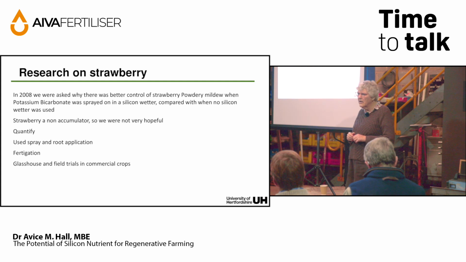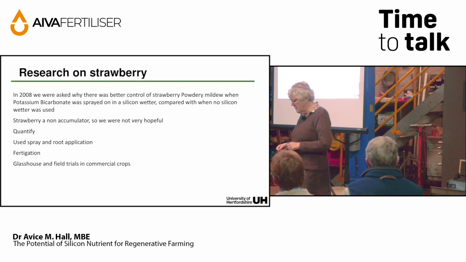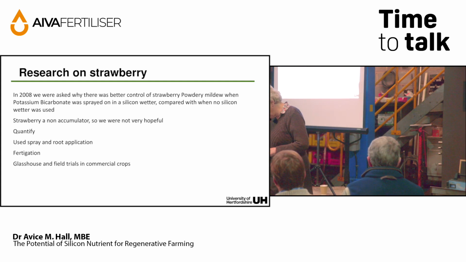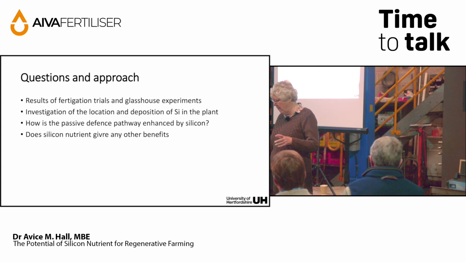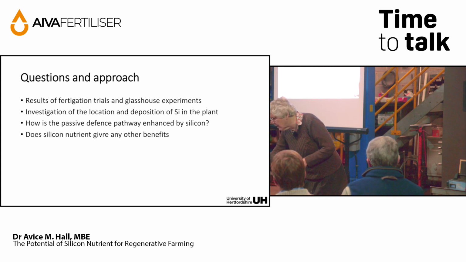And actually, I had to admit, I knew nothing. I didn't know why it was more effective if it was in a silicon wetter. And since then, we've done glasshouse and field trials, which I'm going to tell you about, so that you can understand a bit.